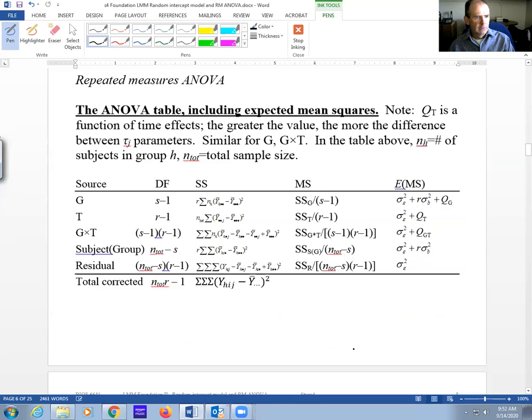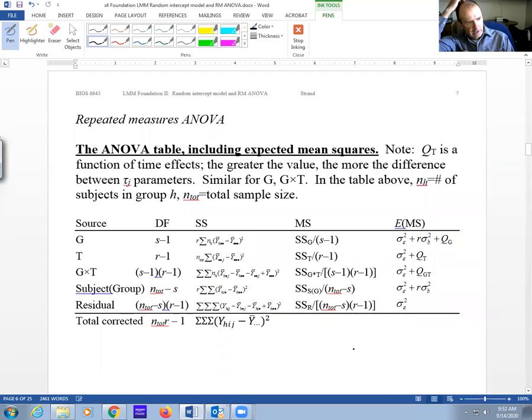Okay, so our ANOVA table, we have group, and I kind of simplified, so this would be group. This is time, then we have our group by time and subject within group, and then everything else is residual. So those variabilities add up to the total variability in our data, right?